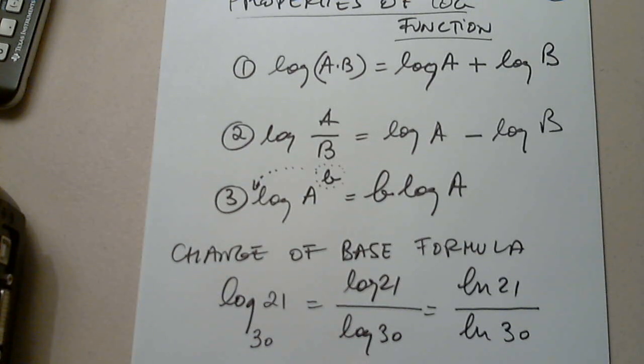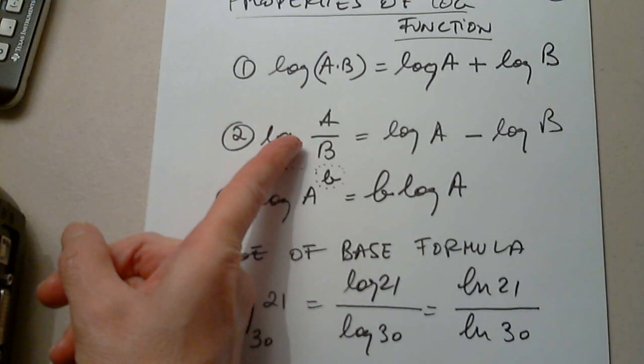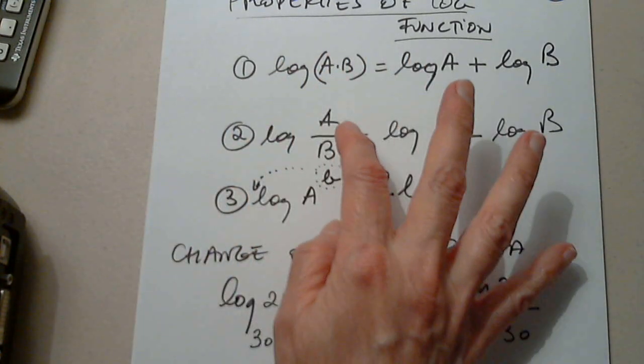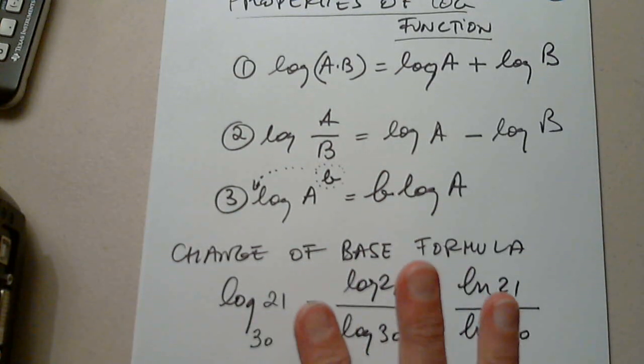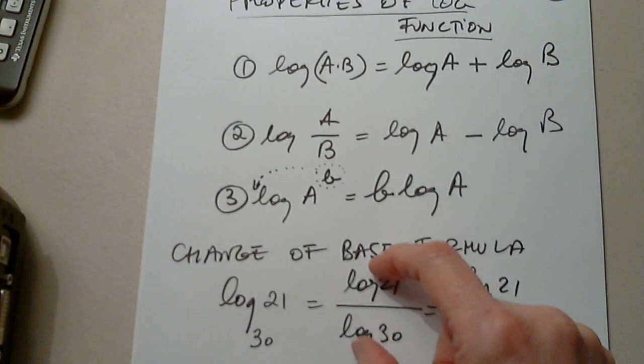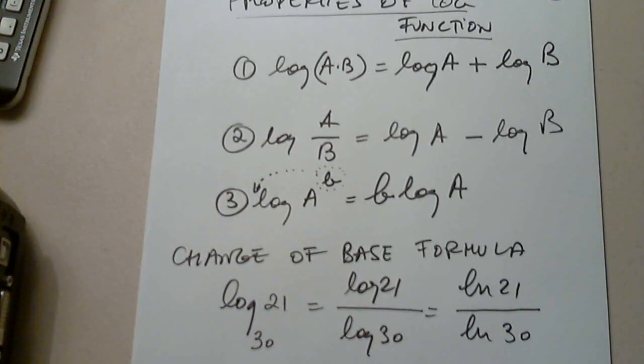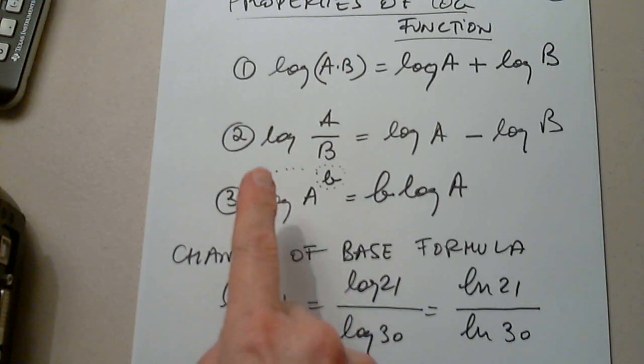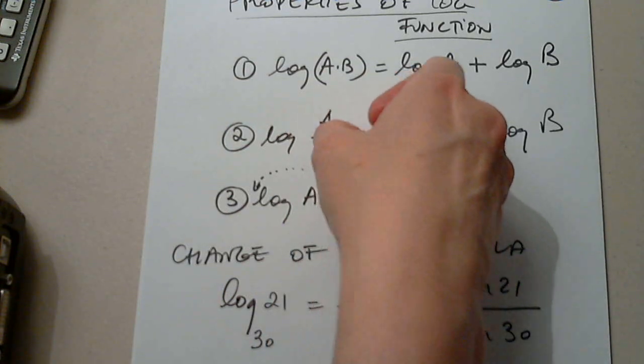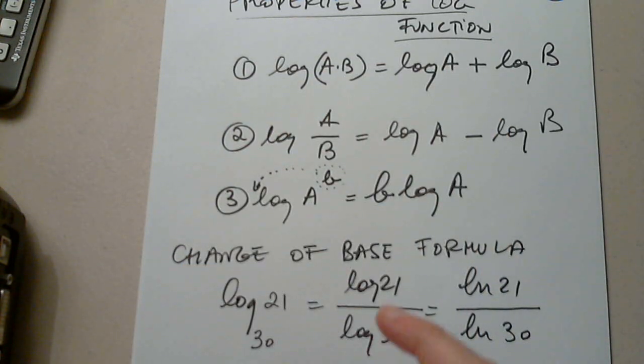Notice that this is not this. Here, log is applied to a ratio. They're not the same. This is a ratio of two logs. So do not confuse these two. Again, the first one says log is applied to a ratio. This one says this is a ratio of two logs.